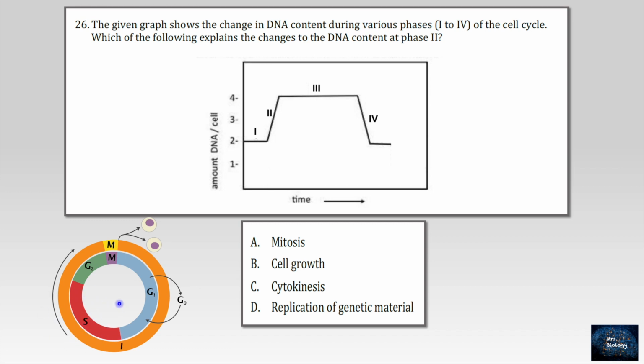I think they mean this phase. Now, moving to G2, gap 2, finalizing the growth, finalizing replication of certain organelles, then it will be ready to go for M phase, which is the cell division. So, once they are asking the changes in DNA, the right answer should be D, replication of genetic material.